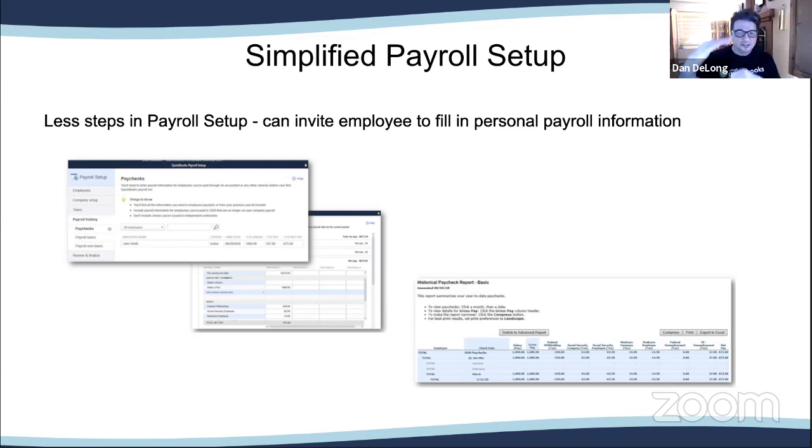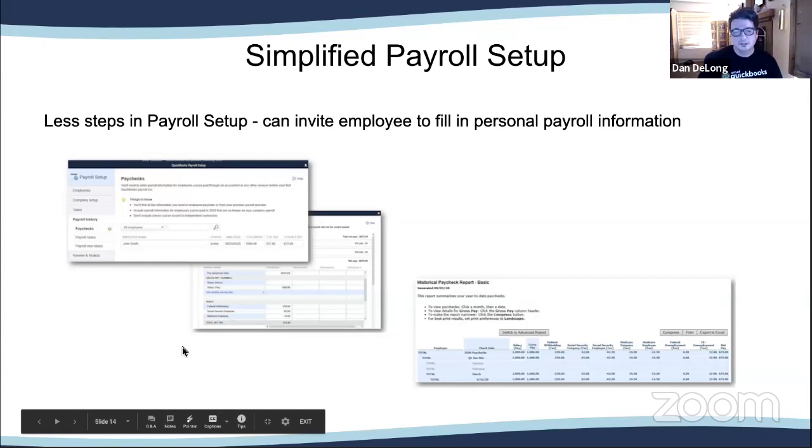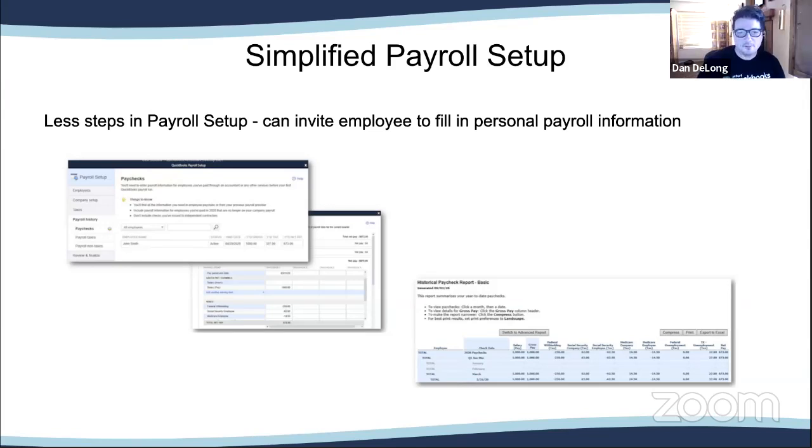But now it's consolidated, and you can invite your employee to fill in their personal payroll information, much like in QBO when you invite a contractor to enter their 1099 information. They can do that on their end, and then it feeds back into QuickBooks Desktop. So there are shared and leveraged options for setting up your payroll properly.